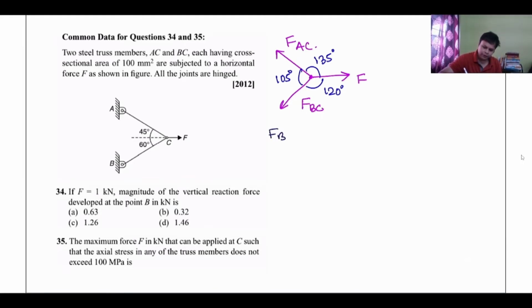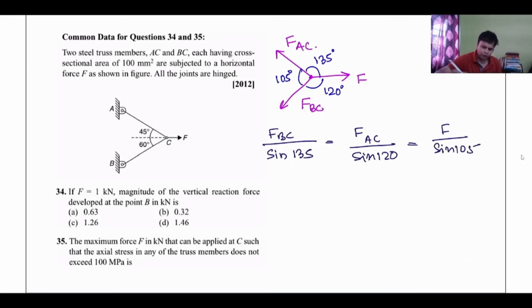FBC divided by the sine of angle opposite to BC, that is sine of 135, is equal to FAC divided by sine of 120, is equal to F divided by sine of 105. So FBC is equal to, F I'm putting as 1, sine 135 divided by sine 105, coming out with 0.732.